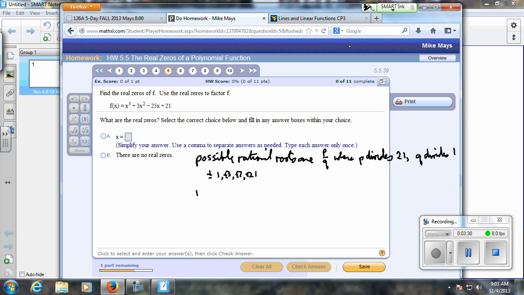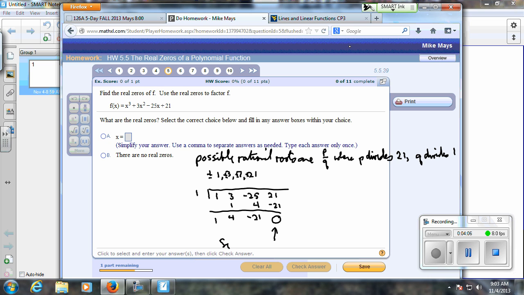Let's try 1. But try 1 doing synthetic division on 1x cubed plus 3x squared minus 25x plus 21. What comes out is 1 and add, and 4 and add, and 1 and add. And the fact that I get a 0 out, that's enough. That's good news.